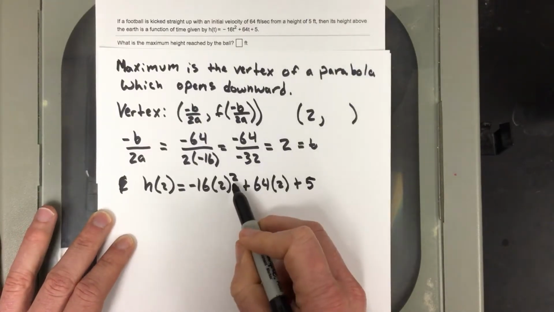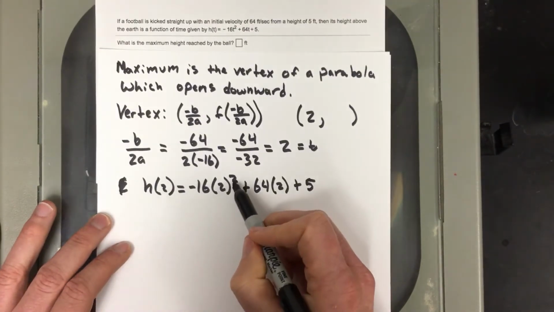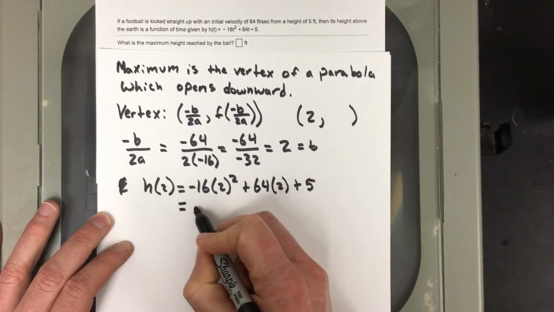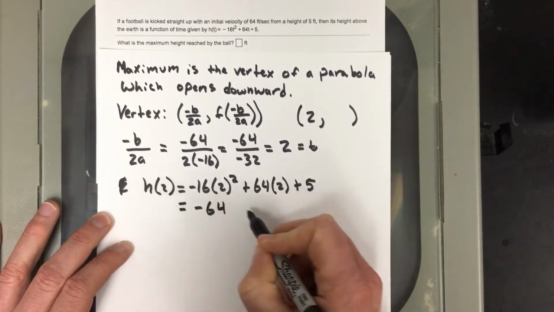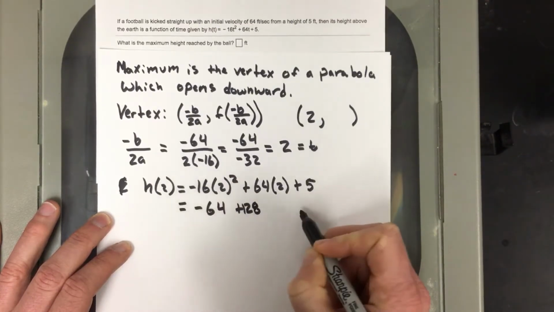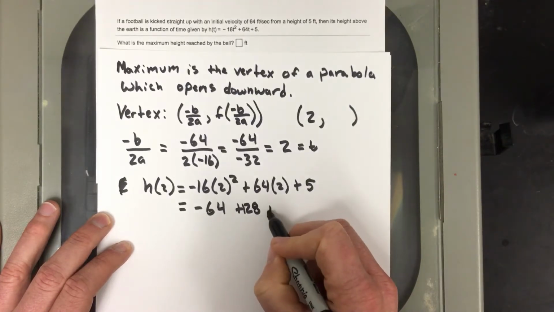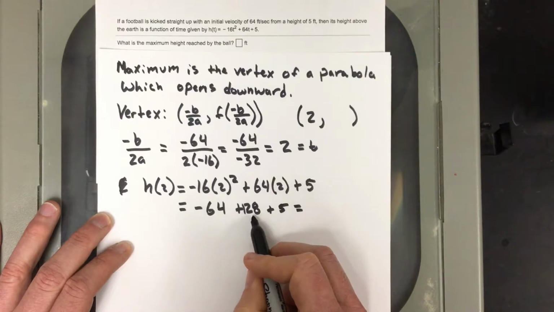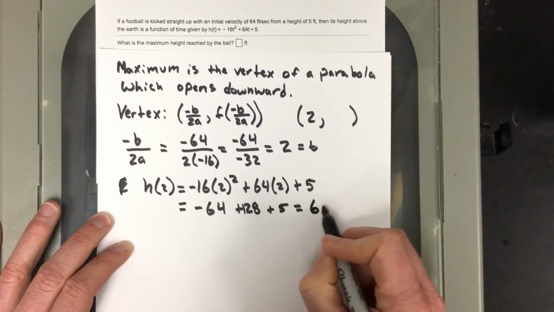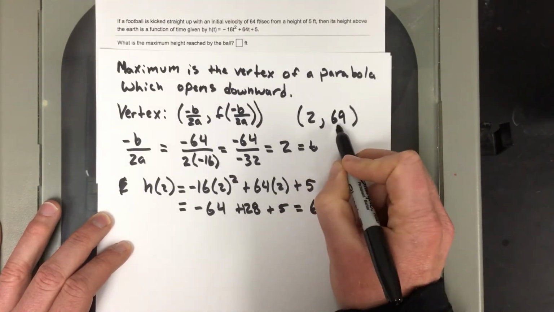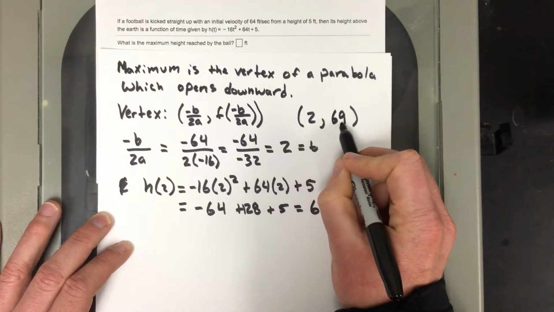So 2 squared gives 4. 4 times negative 16 is going to give negative 64, plus 128, and then plus 5. So negative 64 and 128, that's actually 64, plus 5 is 69. So if my ball flies for 2 seconds, 69 is the height in feet that it's going to reach.